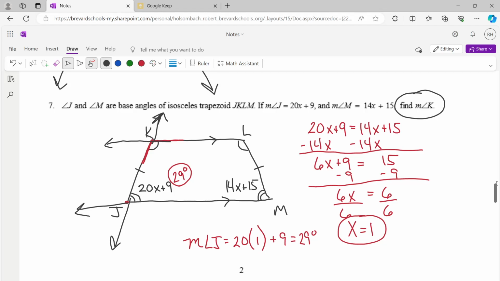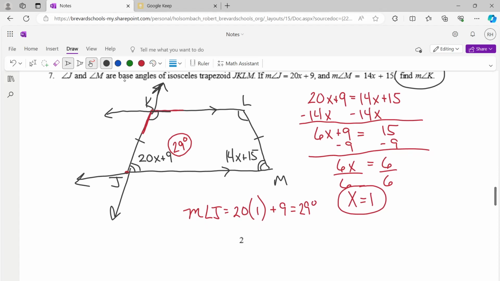So the measure of angle K is equal to 180 minus 29. And 180 minus 29 is 151. All right, we got same side interior angles again. They are supplementary.